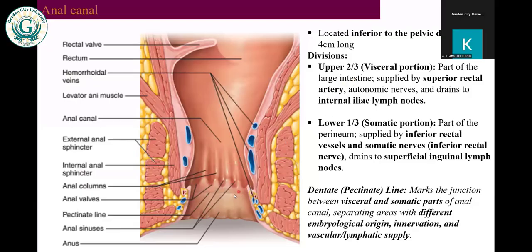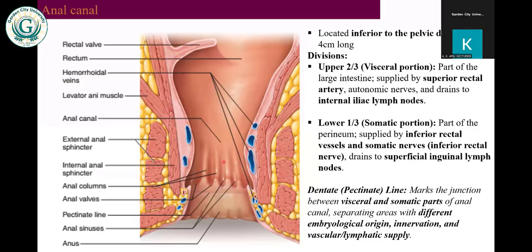Then the part below is part of the perineum. What is significant is this: the blood supply, the innervation, and lymphatic drainage of the part above the pectinate line is different from the part below the pectinate line.